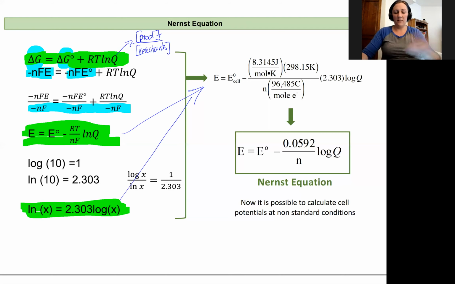We're going to combine all of our constants and simplify, and we're going to end up with this equation that is the Nernst equation. The cell potential at non-standard state will be equal to the standard cell potential minus 0.0592 divided by the number of moles of electrons in our balanced reaction times the log of our reaction quotient. And now we can calculate those potentials at non-standard conditions, which is important because it's hard to always be in the same standard condition experimentally.